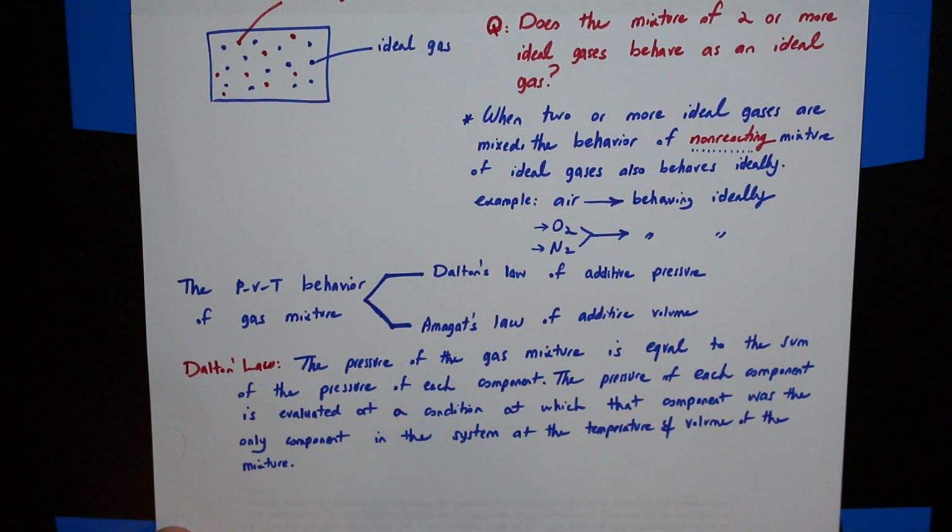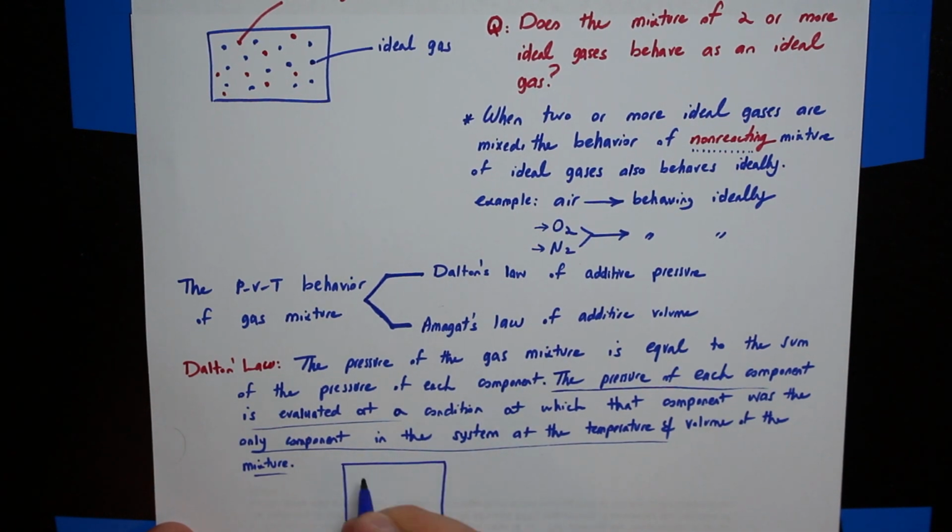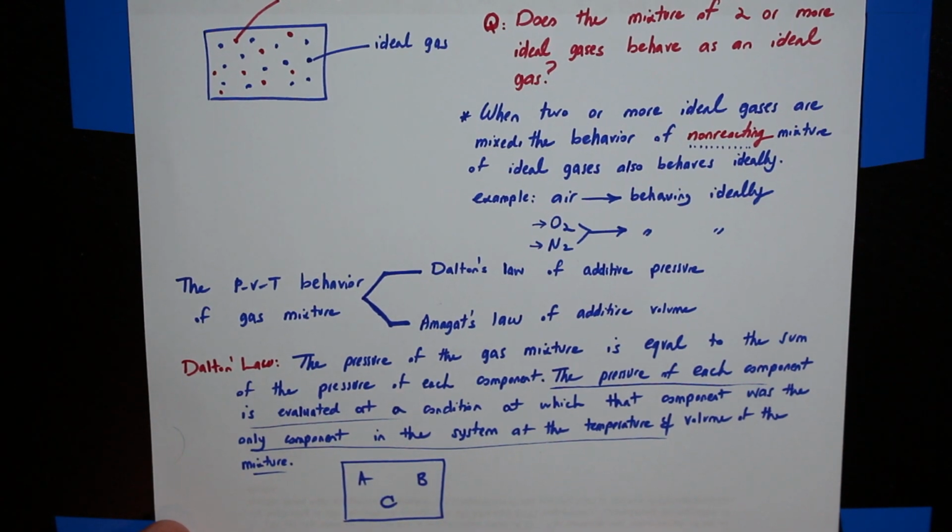Now, this is a little bit complicated, or at least it looks complicated. So what I'm trying to say by this sentence is, let's say we have three different components: component A, component B, component C, all of them in a tank.